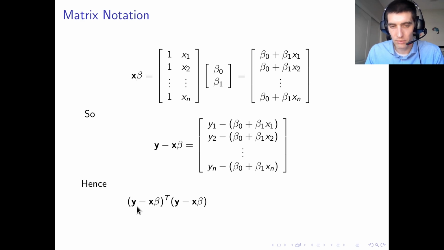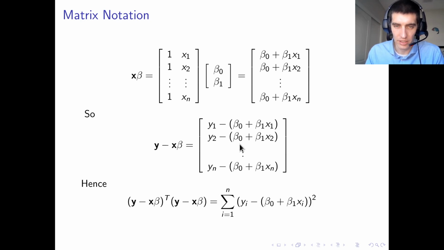So y minus X beta transpose times y minus X beta, what is this? You can think about this as taking the inner product of a vector with itself, or the dot product, another way to say that.